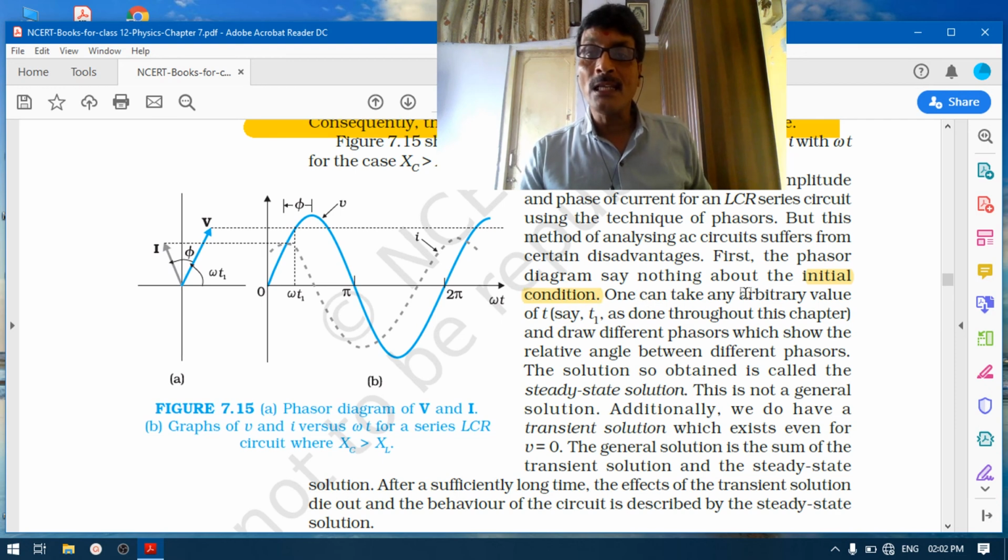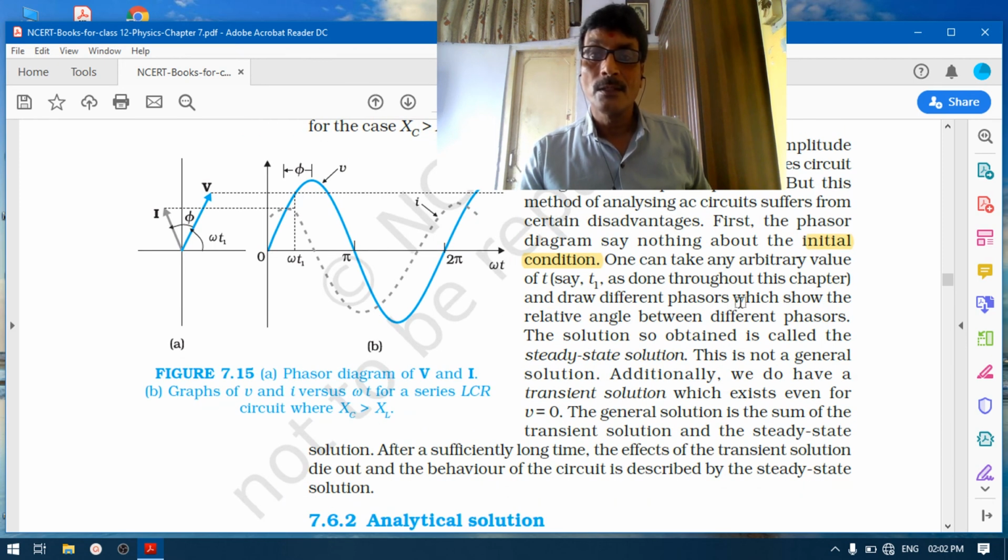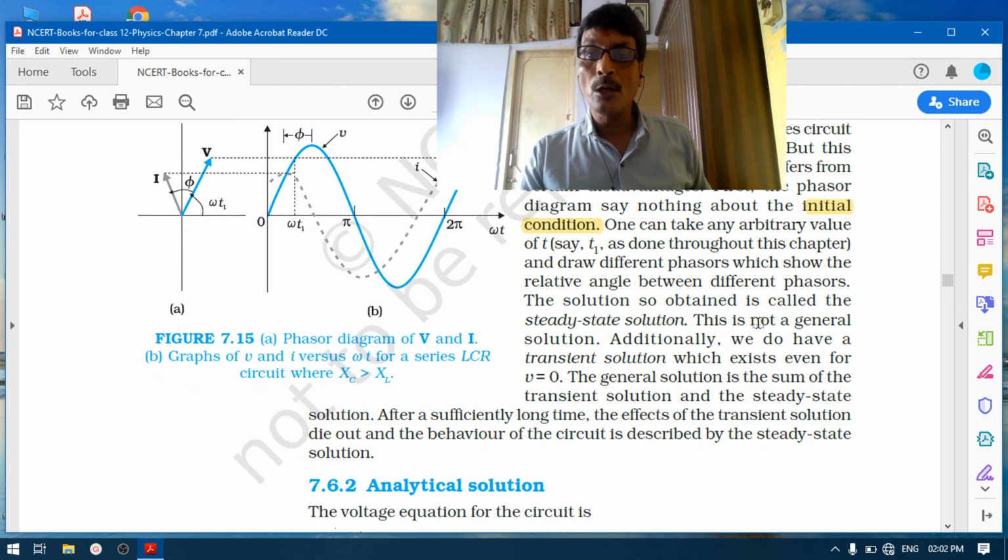One can take any arbitrary value of time t, say t1, and draw the different phasors, which show the relative angle between them, and the solution so obtained is called the steady state solution. This is not a general solution.